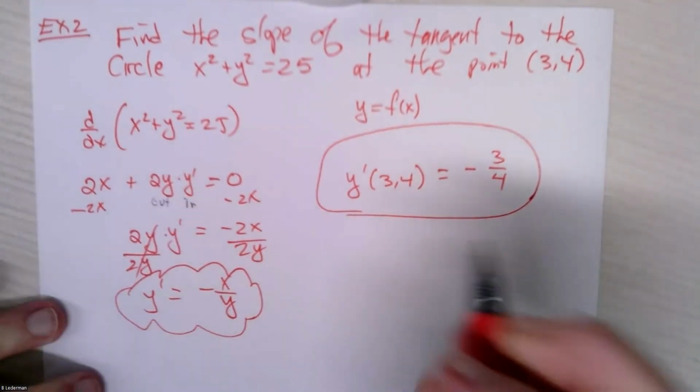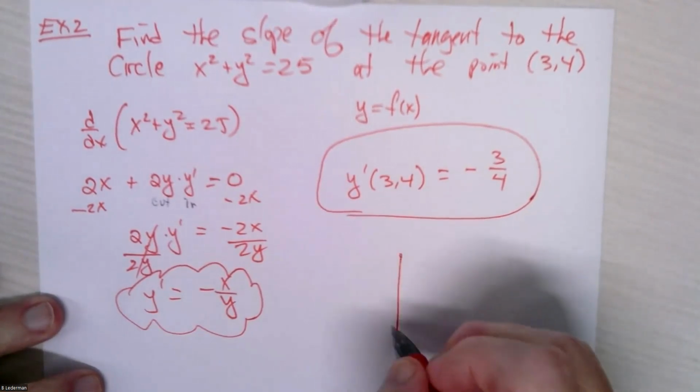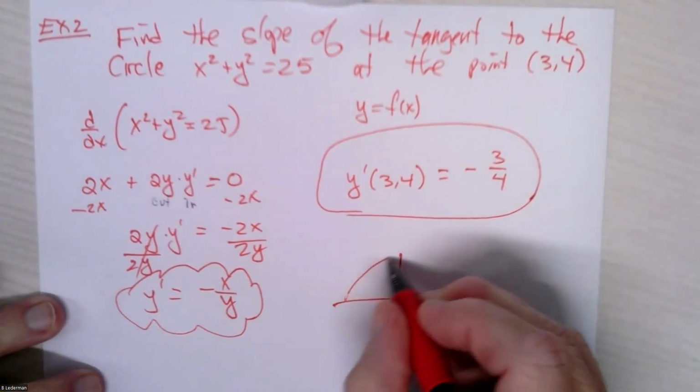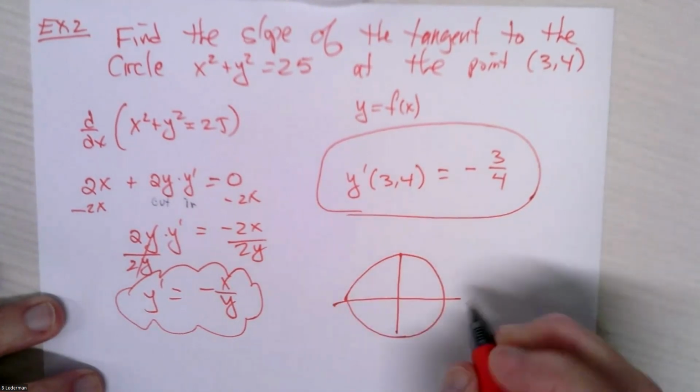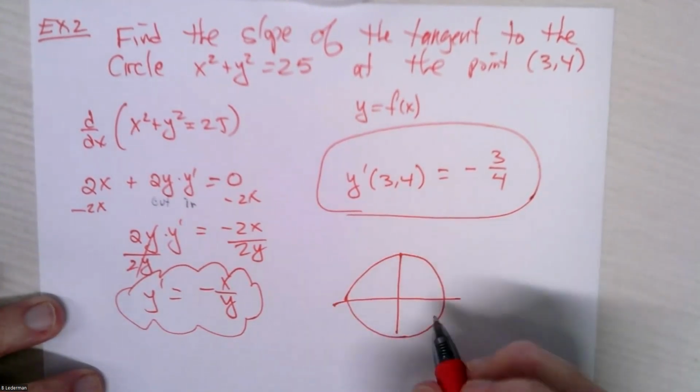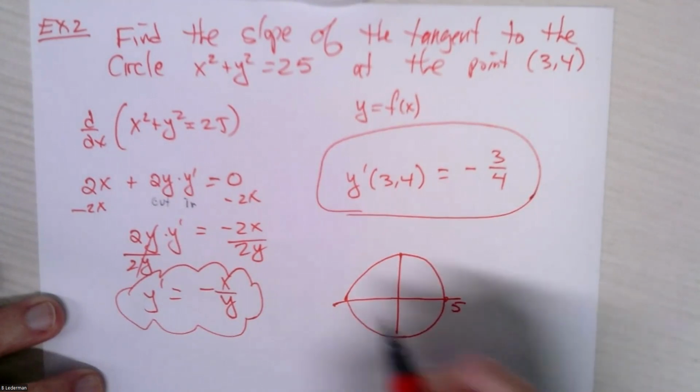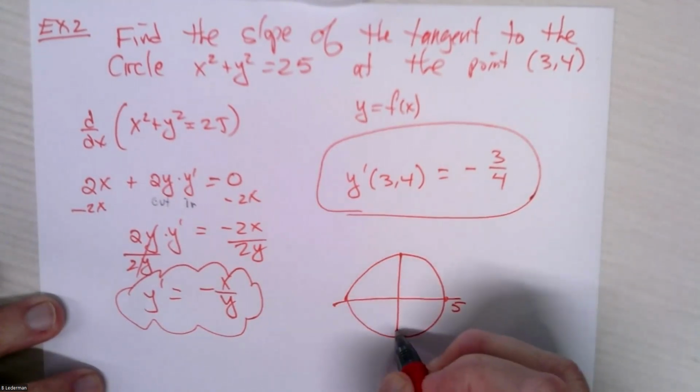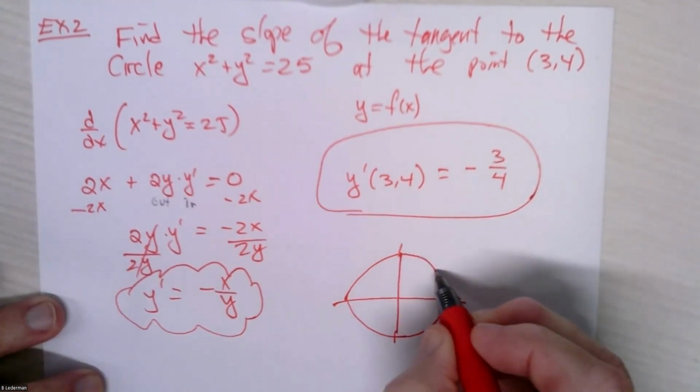So let's just draw the picture here. I never drew the picture. Here's our circle. The radius of the circle is 5, we know that from algebra. And this point over here is 3 comma 4.